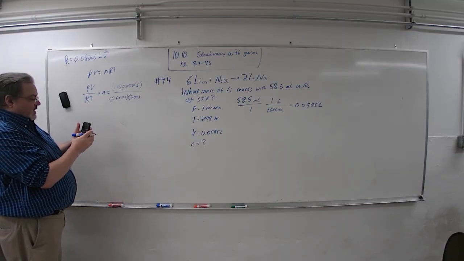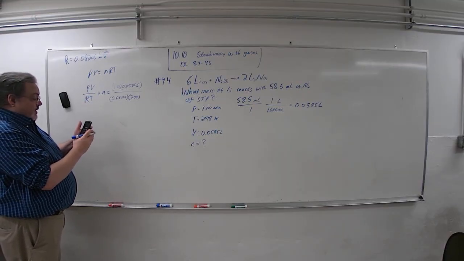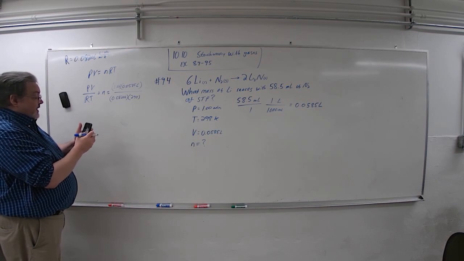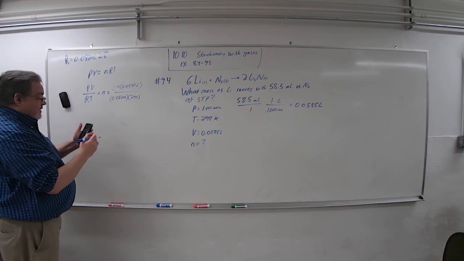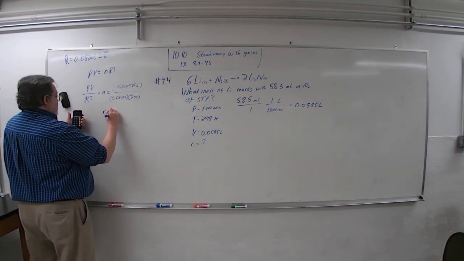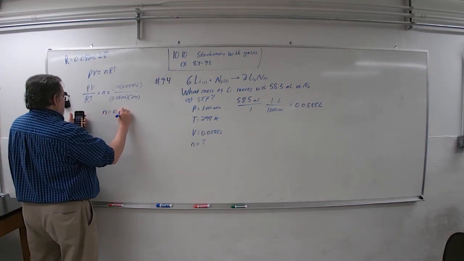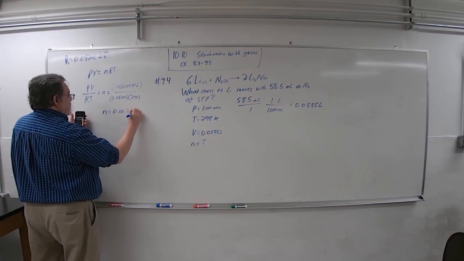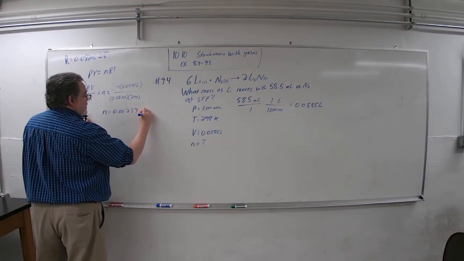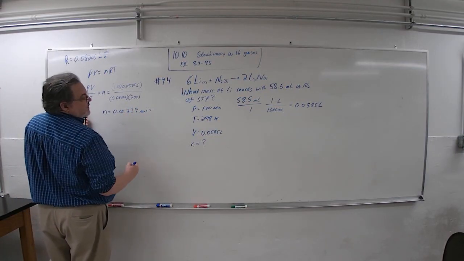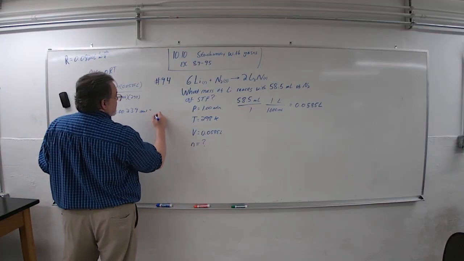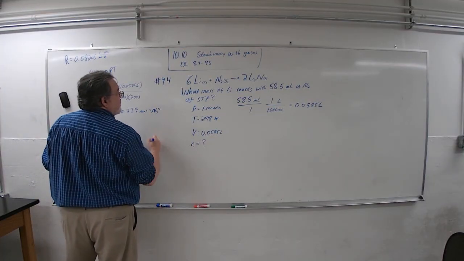0.0585 divided by 0.08206 divided by 298. So again, that equals moles of N2.